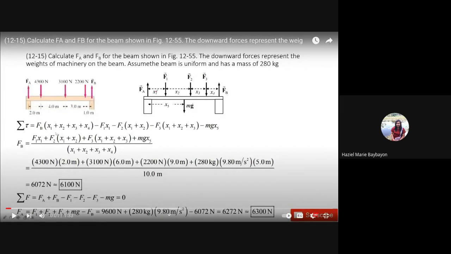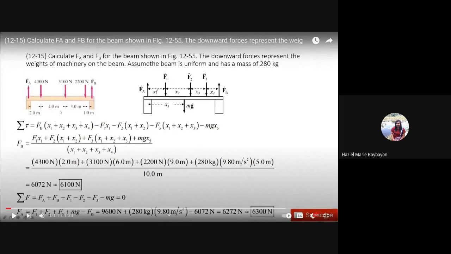And then you have giad lang niya ang x1, x2, x3, x4. So this is the length of the whole beam. Okay? So basically this is numbers lang ni siya, class.